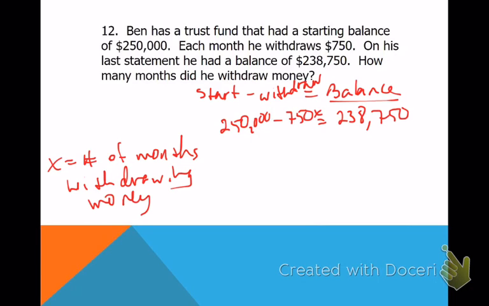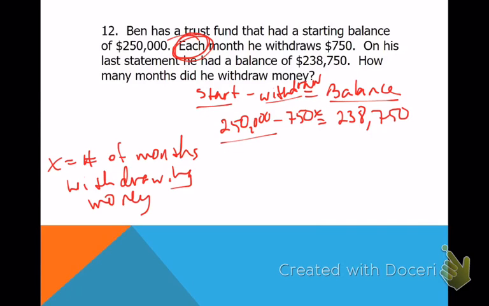So his balance is going to come from how much he starts with minus how much he takes out, right? Well, he started with $250,000, and he's taken out $750 each month. That's another word, each and per. Each is another word. It lets you know that you're going to be multiplying two things together.